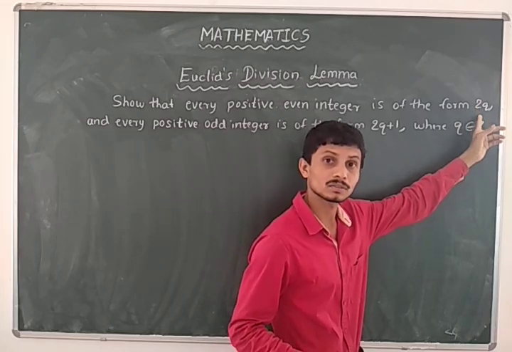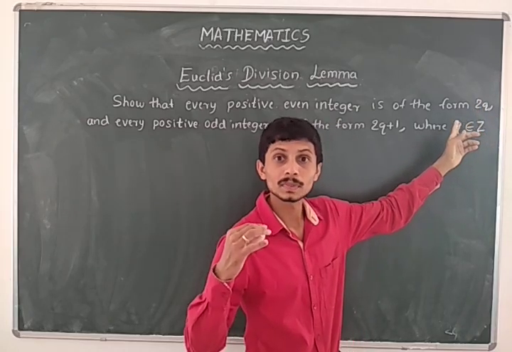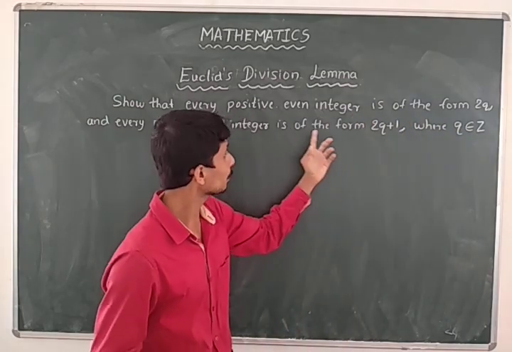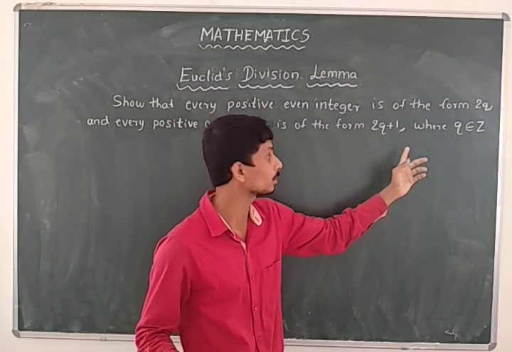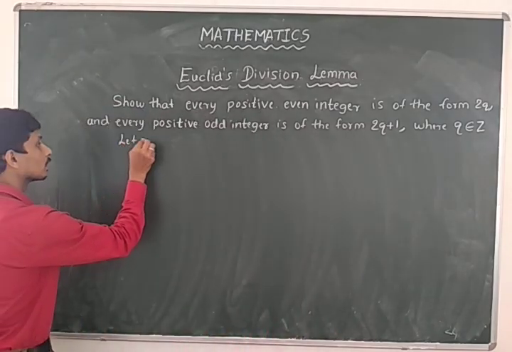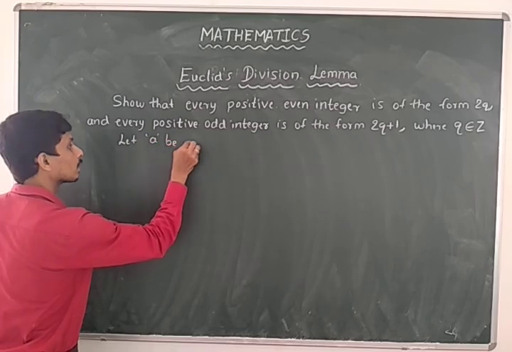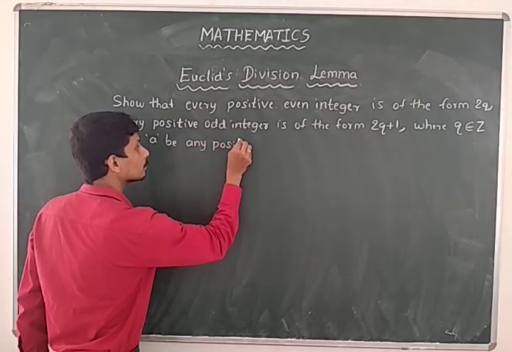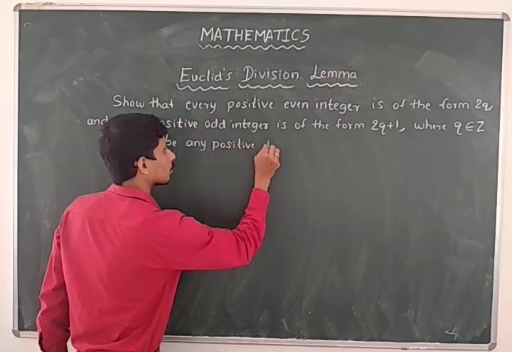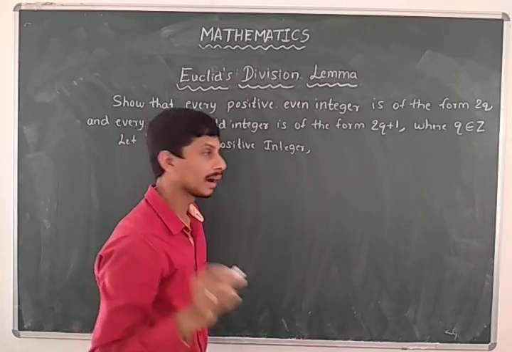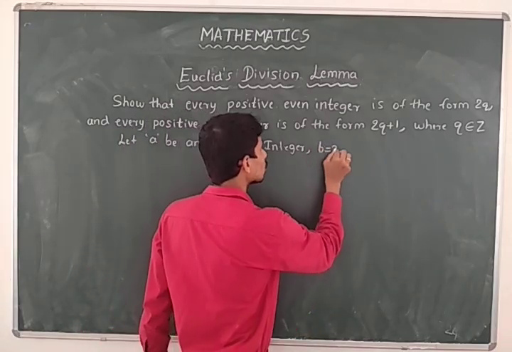Here we have to prove every positive even integer is of the form 2q and every positive odd integer is of the form 2q plus 1. So let a be any positive integer and b is equal to 2.